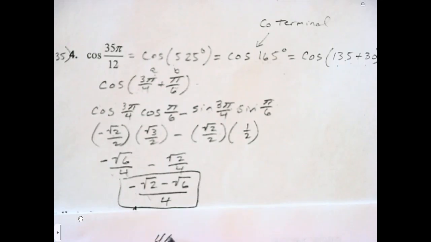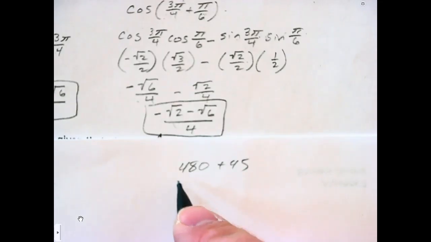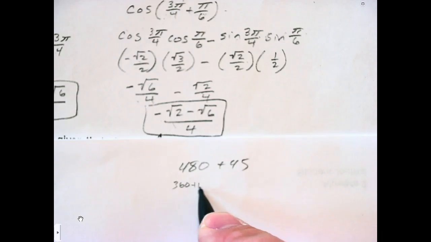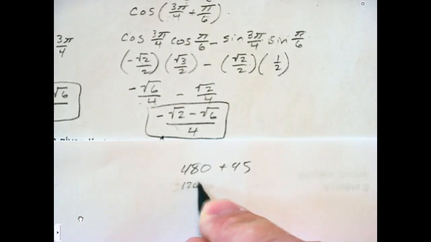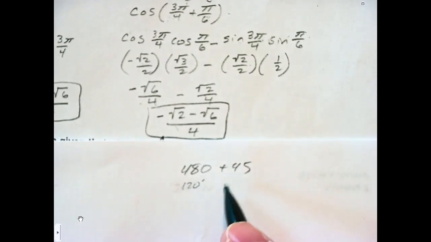So 480 plus 45. 480 is 360 plus 120, right? So you could say that you're looking at a 120 degree angle there if you want to think of coterminal.